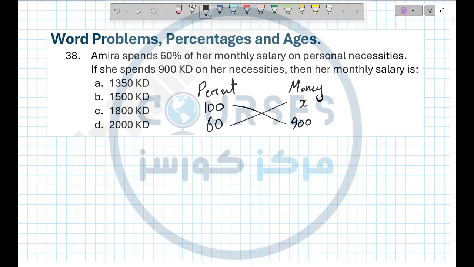So cross multiply, so x will be equal to the two numbers together divided by the number with x. So 100 times 900 divided by 60. So you can cancel 10 with 10. You can divide here by 3 and here by 3.